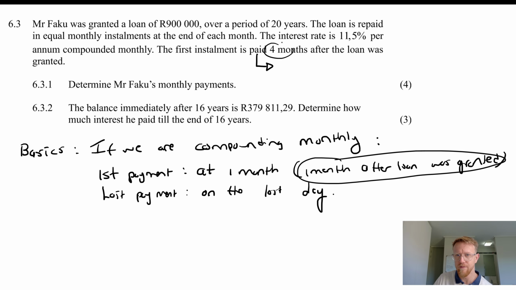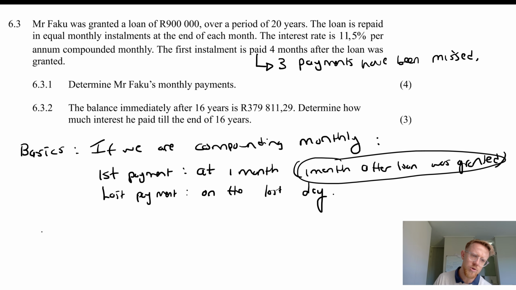But now it's happening 4 months after. So 3 payments have been missed. Okay. So if we now go use the present value formula, because there's another area where a lot of you are going to make a mistake. So let's go write out the formula so long.